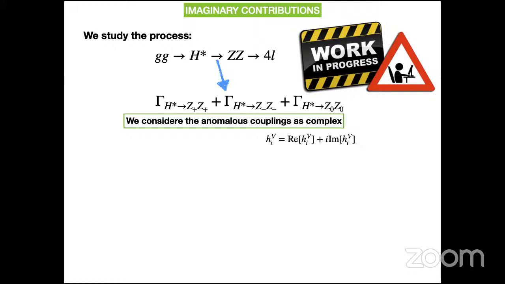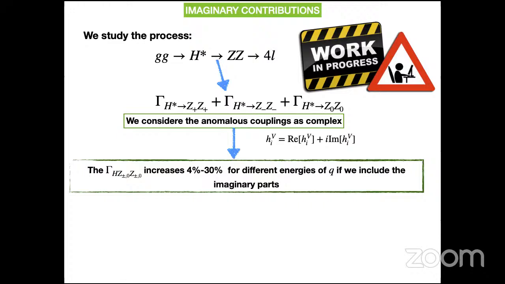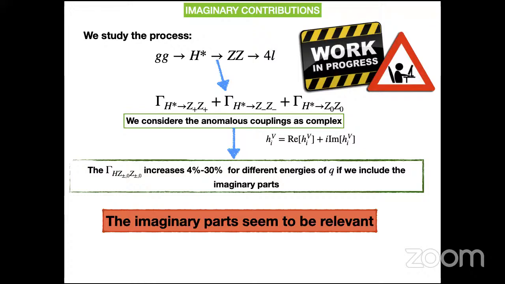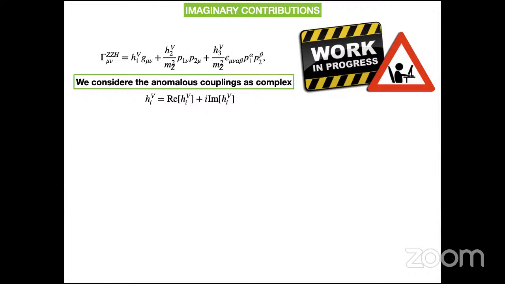Again, we consider the anomalous couplings as complex, and we find that each partial width increases from 4% to 30%. But this only happens when we include the imaginary parts. So what I say here is that the imaginary part seems to be relevant when we study the polarization of the Z boson. But I have one more result I want to tell you.